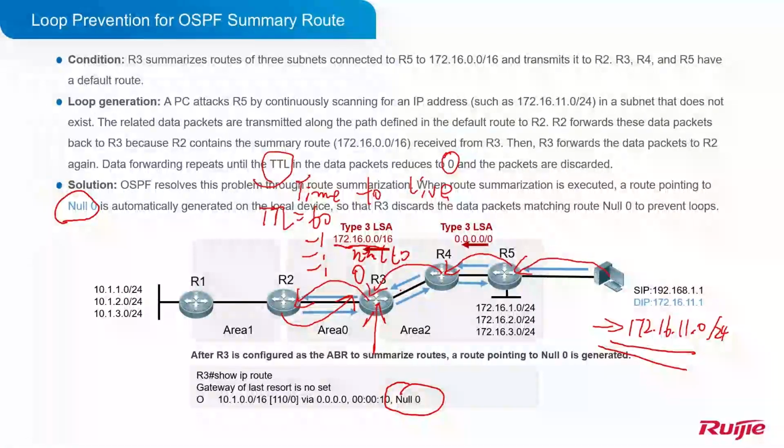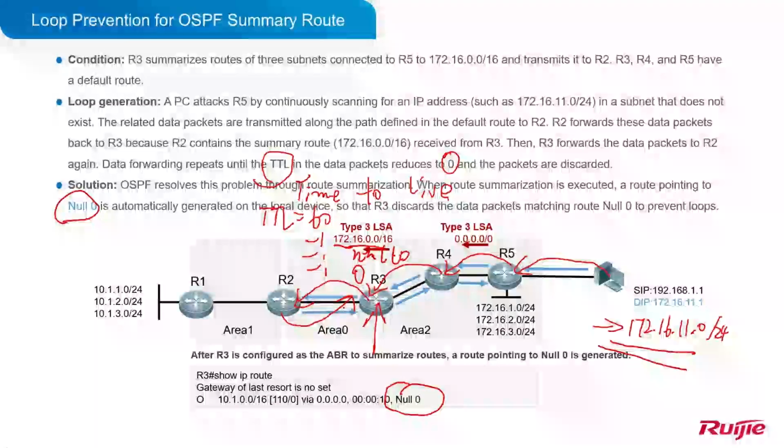It means if we want to communicate with the destination, we have to transfer the packet to this interface, Null0. Null0 actually points to myself, and because Null0 can't deal with the packet, R3 will discard this packet directly. So R3 doesn't transmit this packet to R2, and the loop doesn't happen.